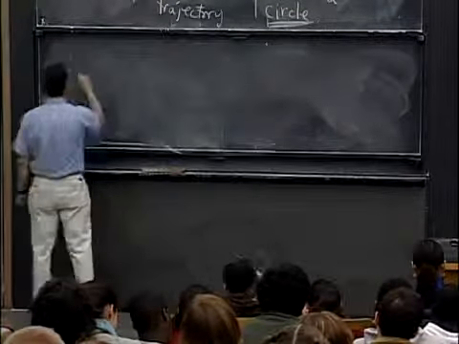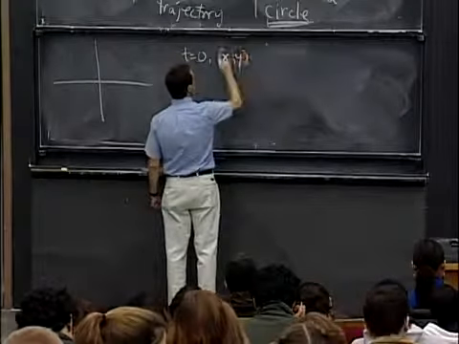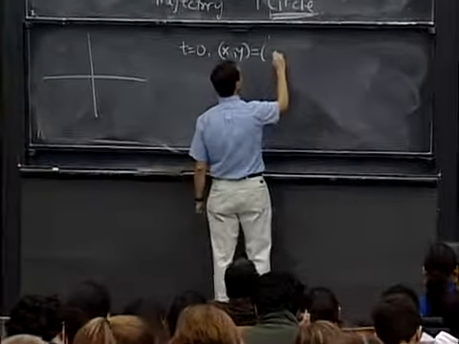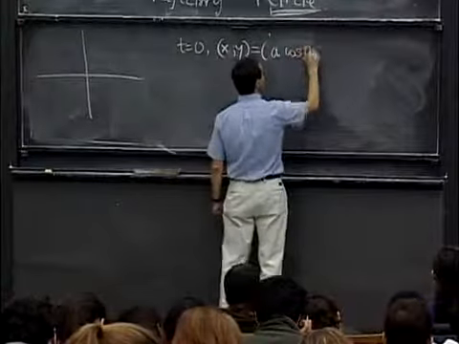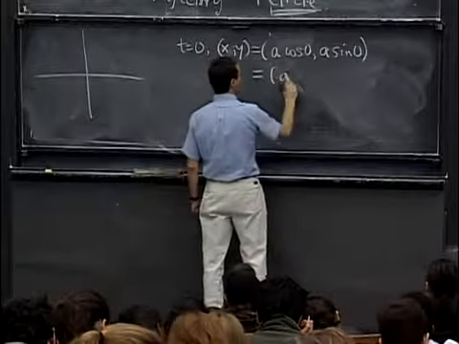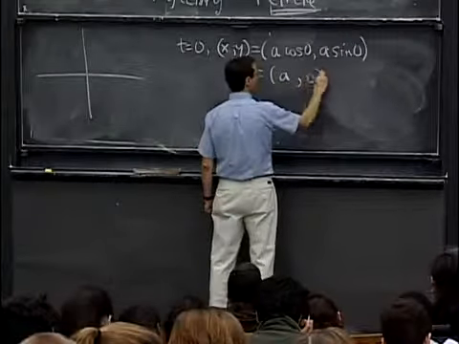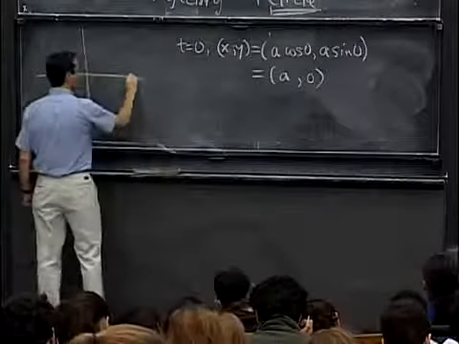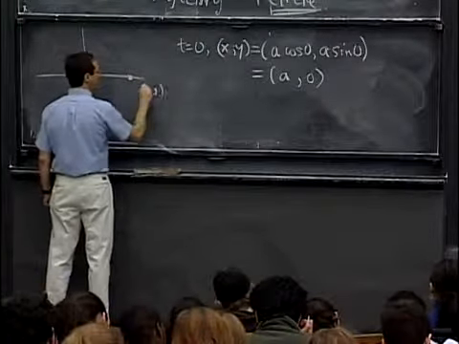At t equals 0, we have x, y equal to a cosine 0, a sine 0, which is just a times 1 and a times 0, so a, 0. That's the point a comma 0.